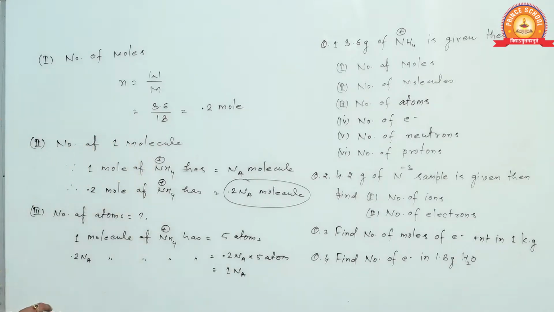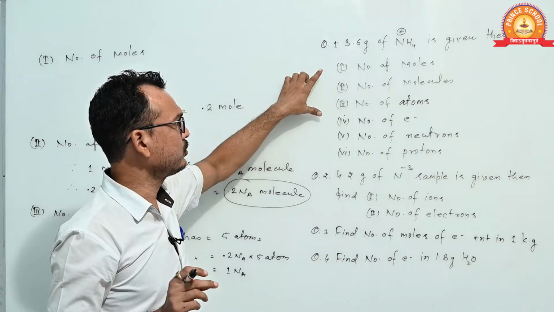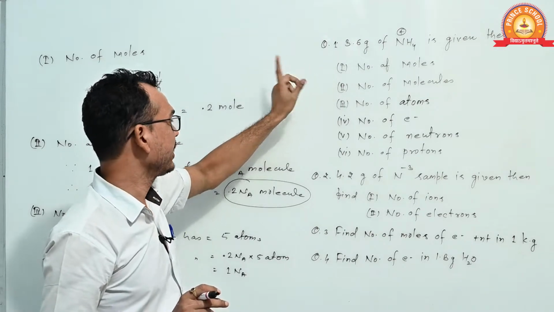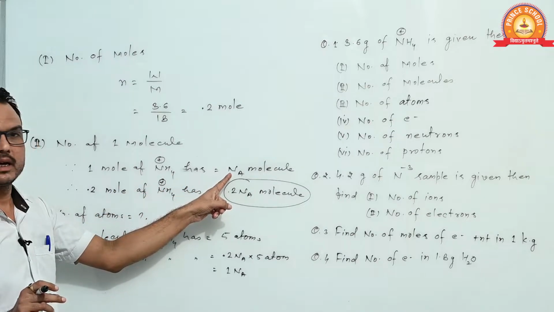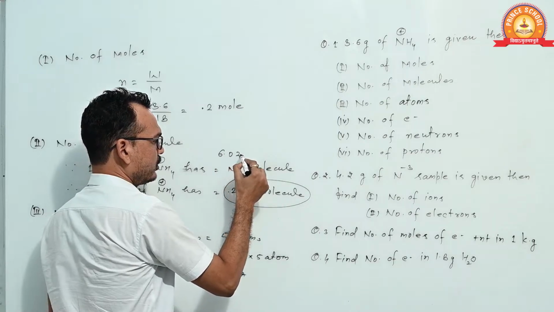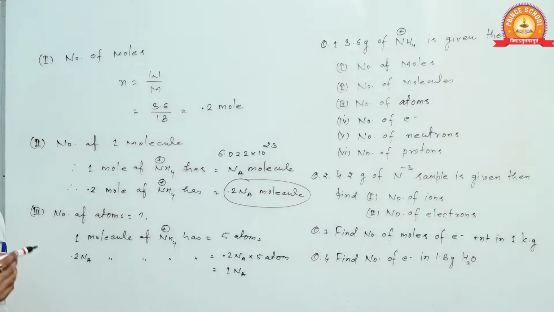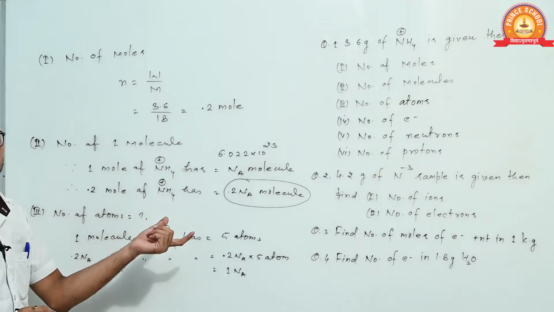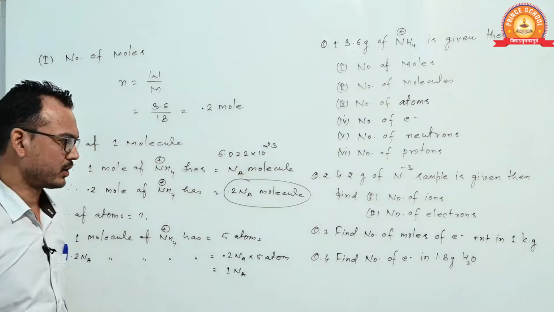Clear? In such questions, first you prepare the mole and calculate the molecules, and we know that 1 mole of every species has Na molecules, or 6.022 into 10 to the power 23 molecules, atoms, or ions. If it is talking about the atom, then it's the atom. If it is talking about the molecule, then it is the molecule. Clear?